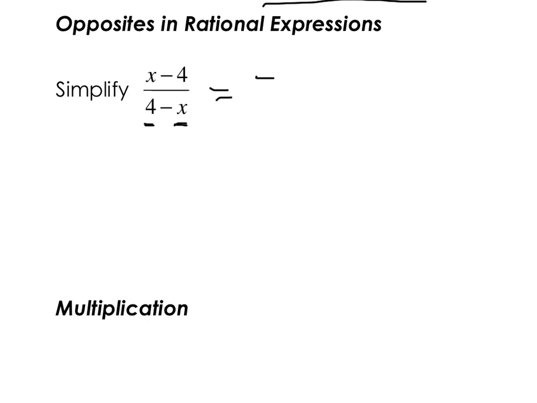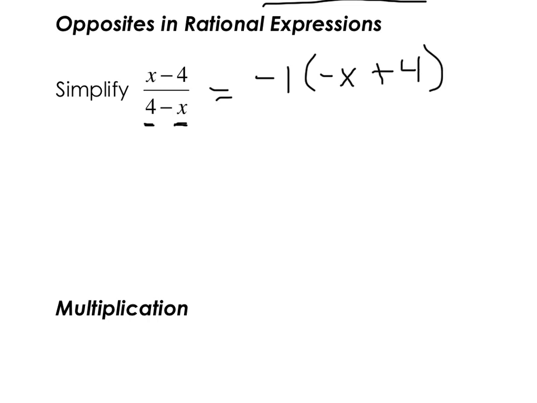So what I'm going to do is put a minus 1 out in front of this x minus 4. And what do I have to put in the parentheses so that I multiply and get a positive x? It's got to be a negative x. What do I have to put in the parentheses so that I multiply and get minus 4? It's got to be plus 4.